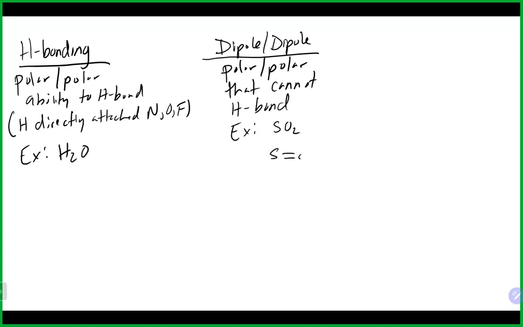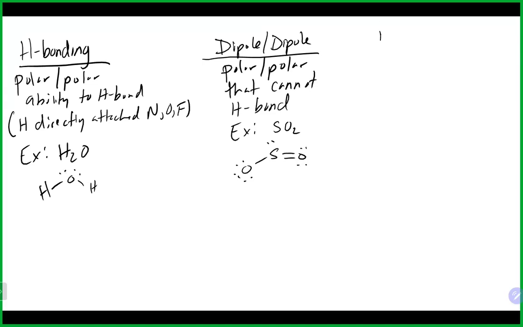Again, if you drew SO2, it looks like that, a little unsymmetrical geometry, right? It's going to be a polar molecule, it has the ability to do that. It doesn't contain any hydrogens, by the way, right? So it cannot hydrogen bond, but it is polar, so it will be able to do that. And obviously here we have our hydrogen directly attached to our oxygen.